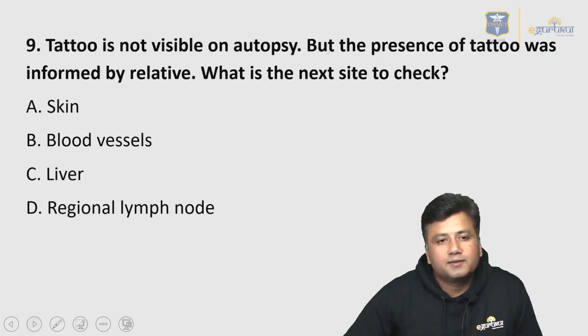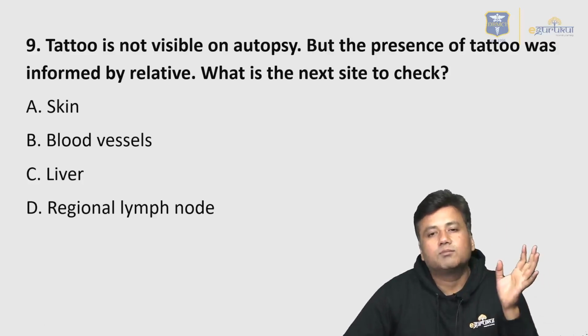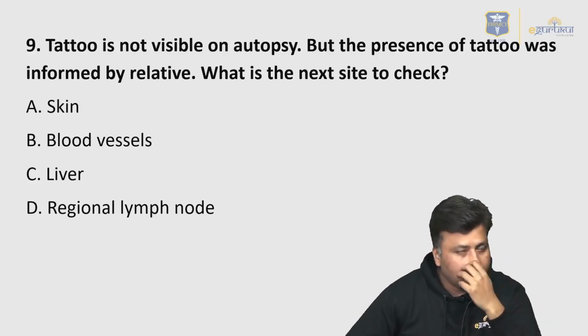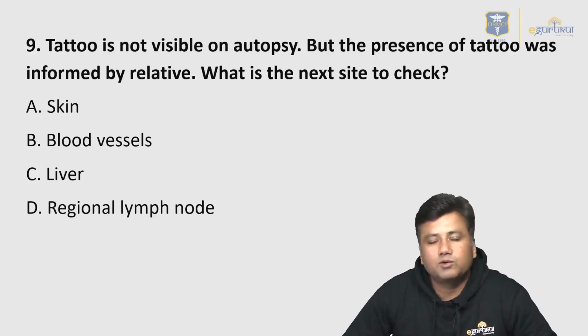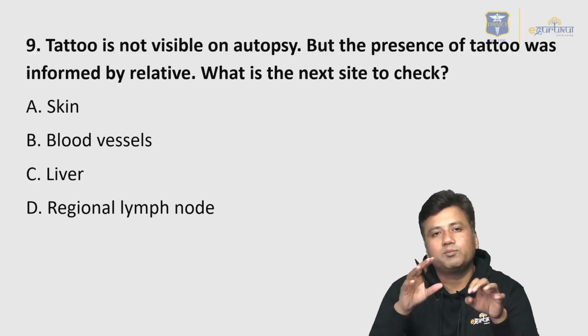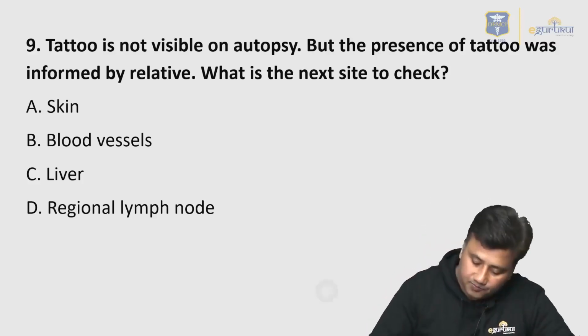Okay, question number 9. A tattoo is not visible on autopsy, but the presence of a tattoo was informed by a relative. What is the next site to check? And the tattoos that we talk about are basically what? Tattoos are imprints of ink preparations which are injected subdermally.